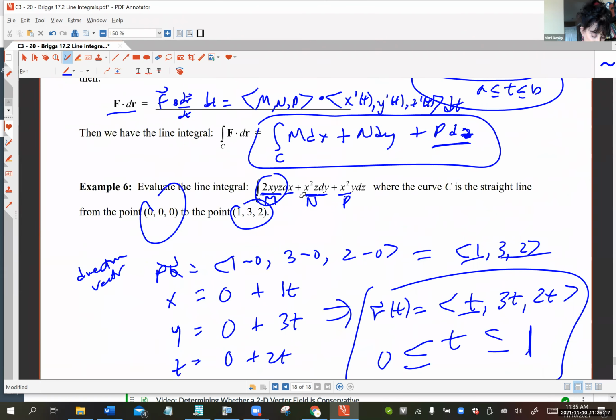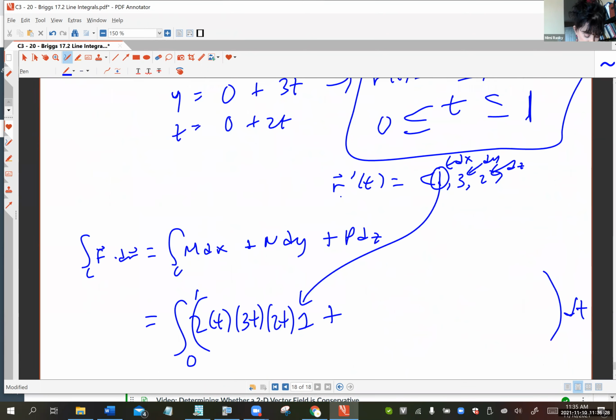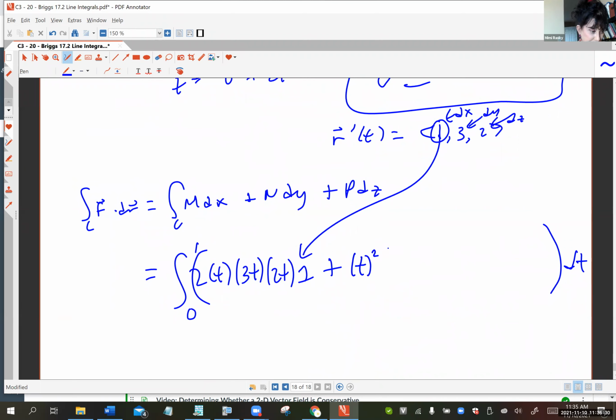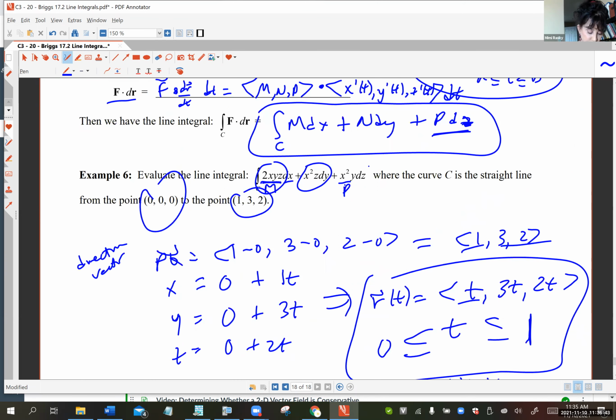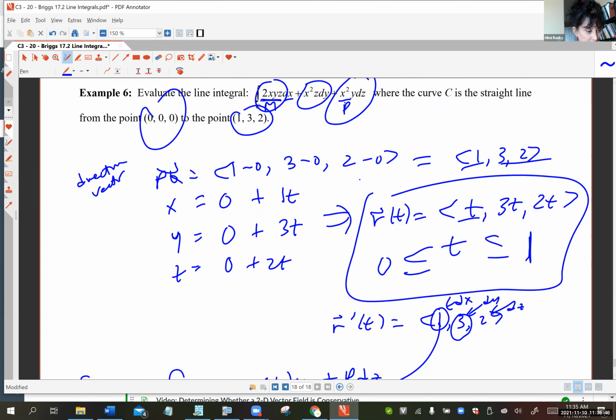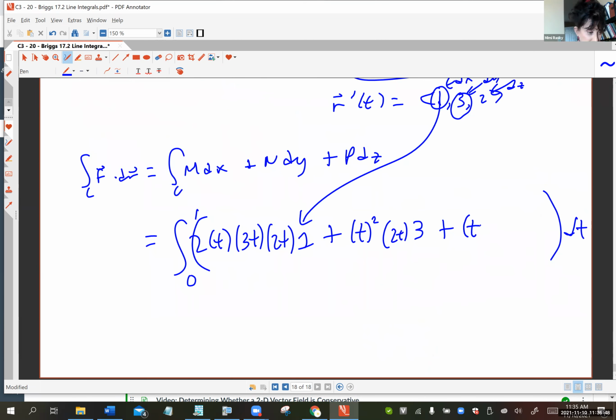Plus, what's next? The second term is x squared z dy. Is that an x squared or x cubed? Man, my eyeballs are shot. It's not even Friday yet. X squared z. So that's going to be t squared, z is 2t, and then we multiply that by dy, which involves a 3 dt essentially. Plus the last term for this differential form, x squared times y times dz. That's going to be t squared, y was 3t, and then the dz was the 2.